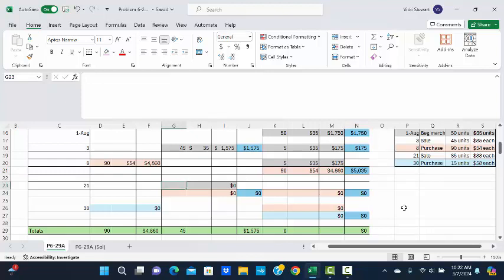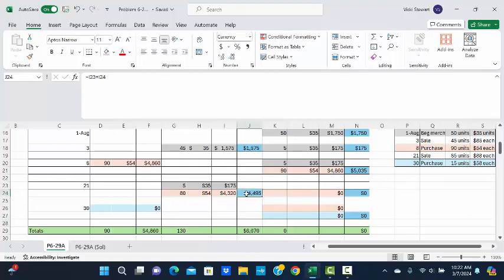Then on the 21st, the problem states that we sold 85 units. So under FIFO, the first units in are the first ones out. So we would take our oldest inventory, our 5 units, and we would take those first, 5 at 35, and cost out that much. And then we would take the additional 80 units, because a total of 85 were sold, and those would be costed at the newer amount of $54.